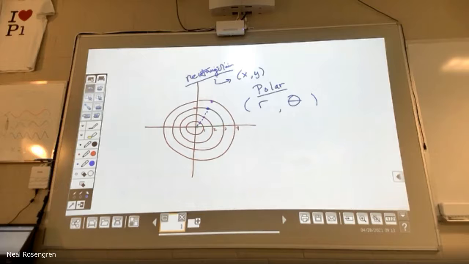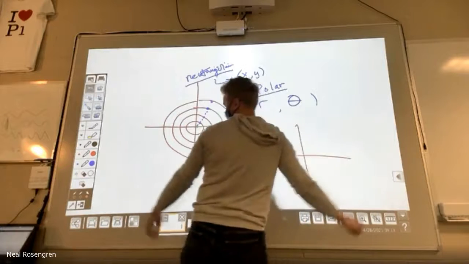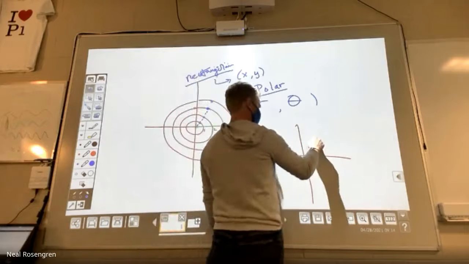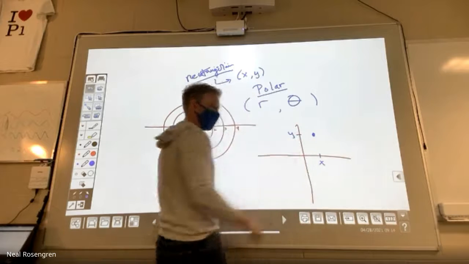Okay, and the connection that I think we need to see is, how do I get to that blue point normally? If I was drawing this in the rectangular system, and I've got a point, whatever, it's over here, some x, y.